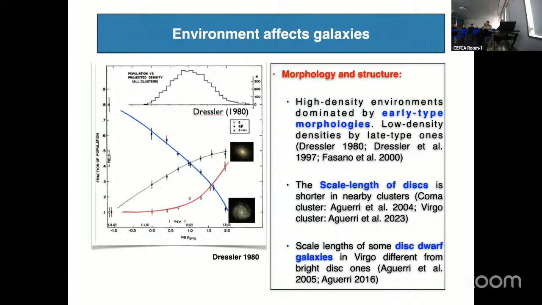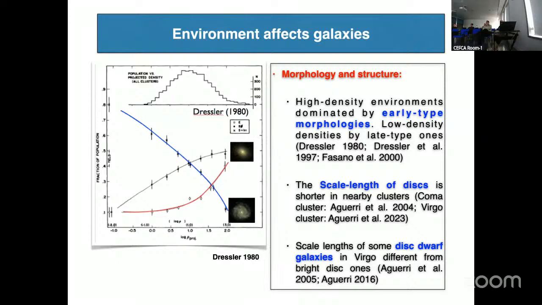This is the morphology-density relation discovered by Dressler in the 80s. You can see that when you move to high density environments, the fraction of early-type galaxies goes up, and the fraction of late-type, spiral galaxies goes down.